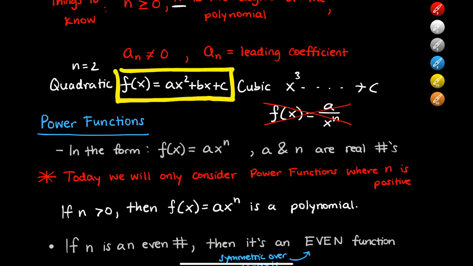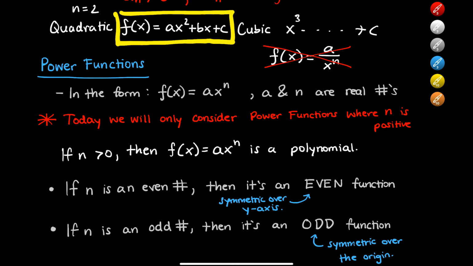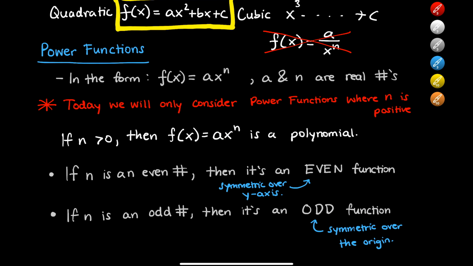But we are looking at polynomial functions today, which is why we're only looking at cases where n is greater than 0. So like I said, if n is greater than 0, then the power function will be a polynomial.